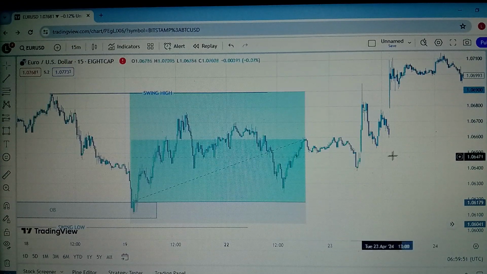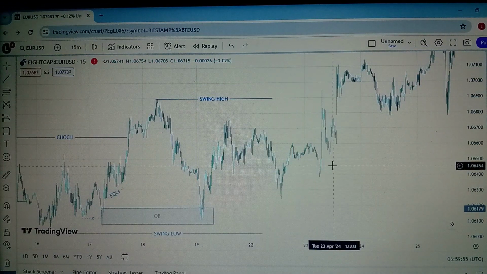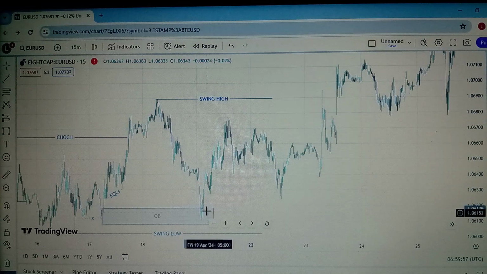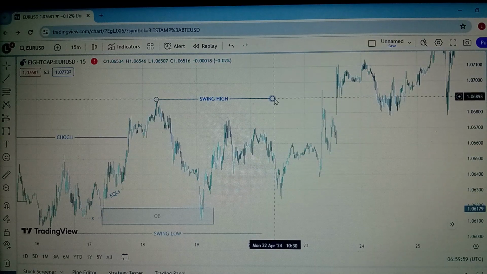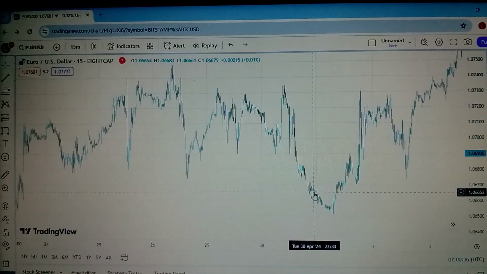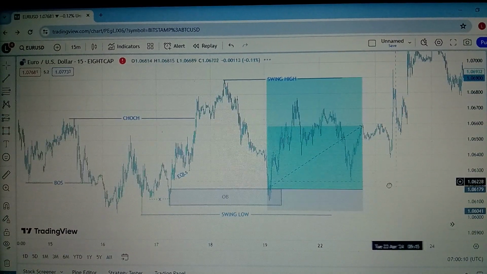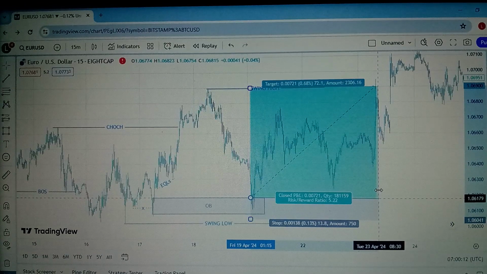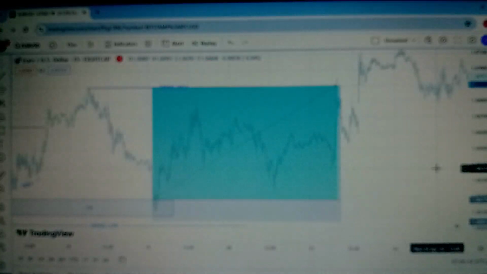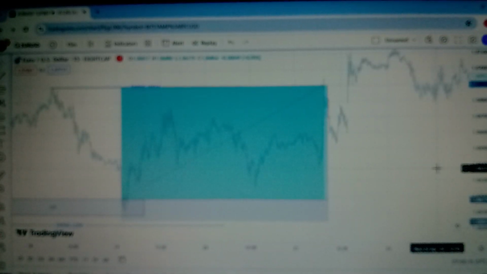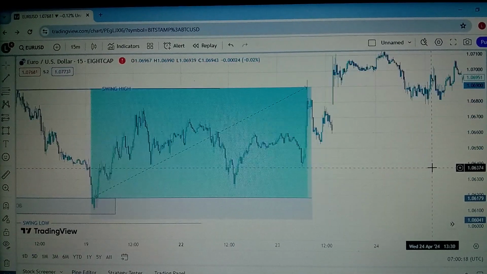wherever you're targeting, right? So what I saw is that price came here. That's why I love SMC, guys. It's proven to work in any market conditions, but it takes time to master this craft of trading SMC and liquidity and all that stuff.